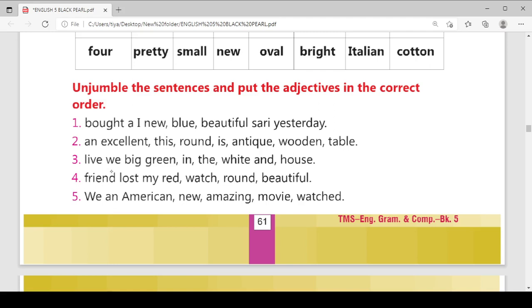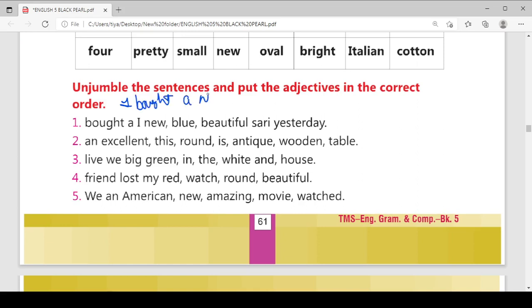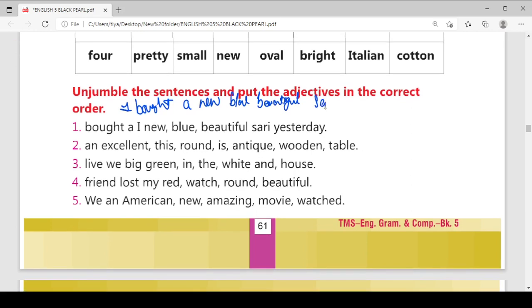So we can say, I bought a new blue beautiful sari yesterday.